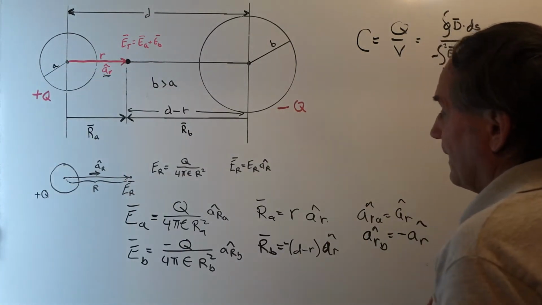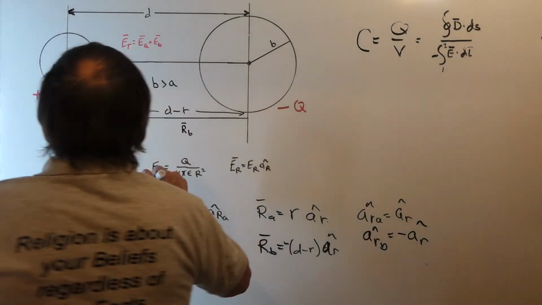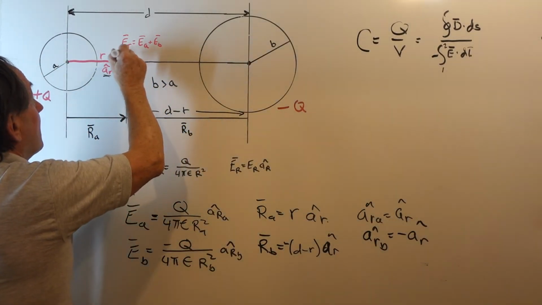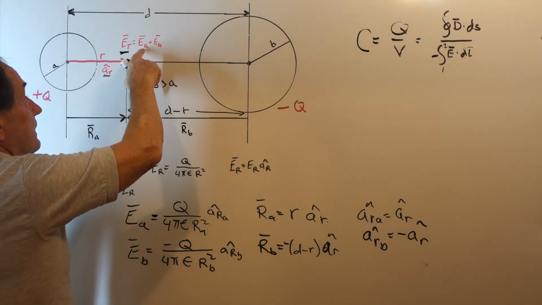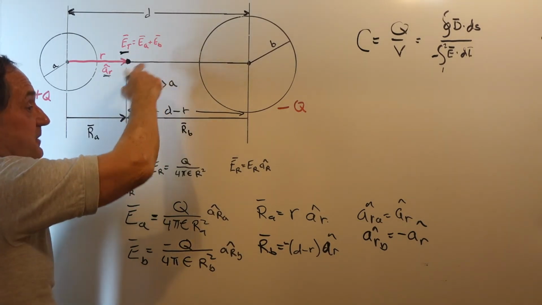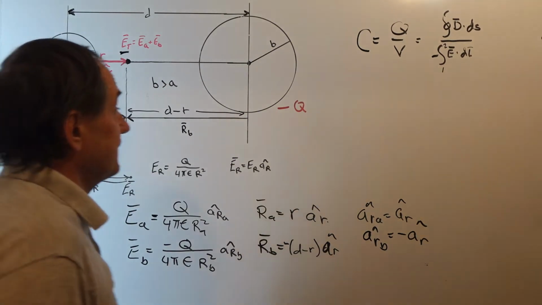Now, the electric field at this point I'll call ET. ET, the total field, is E sub A plus E sub B, the contributions of each sphere.